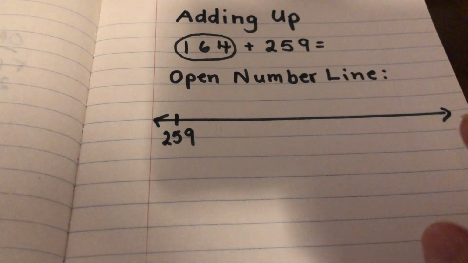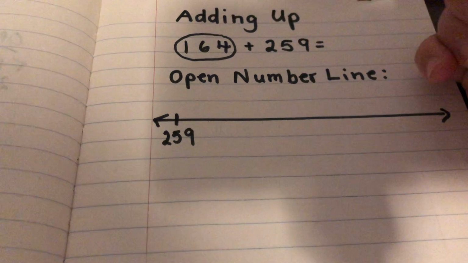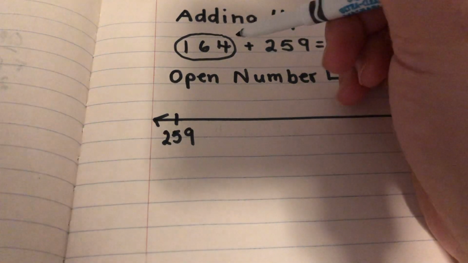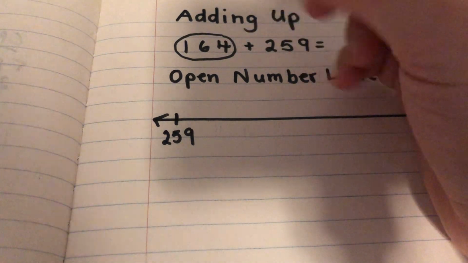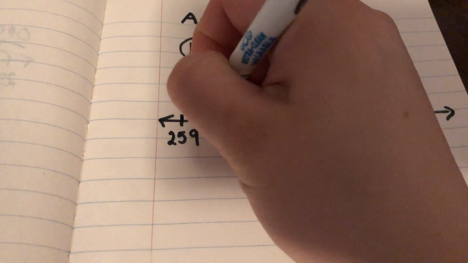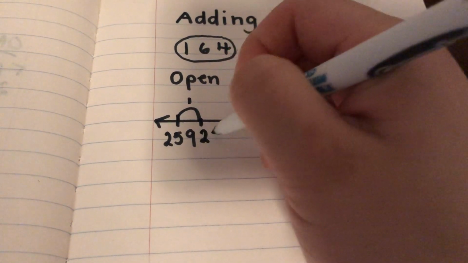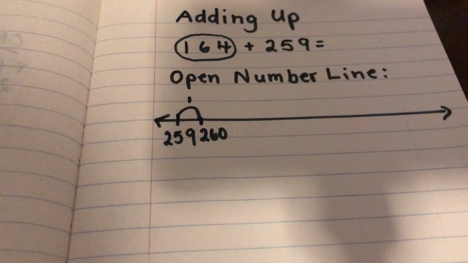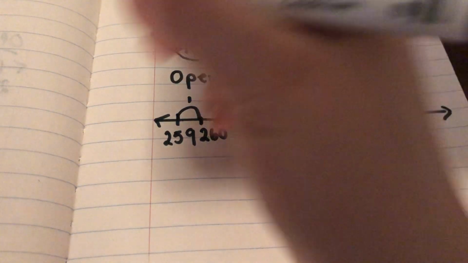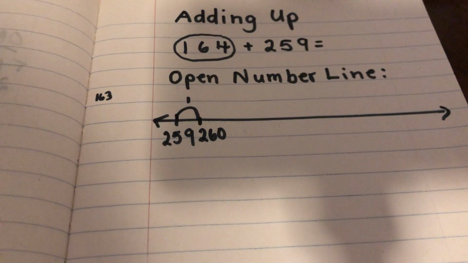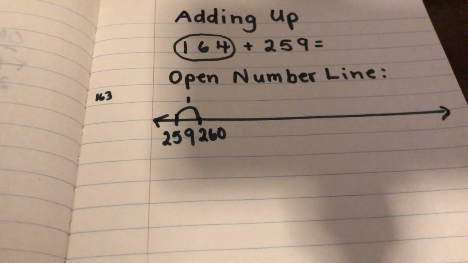I have 259. So I'm going to first take a 1 from 164, and make a small, tiny little jump of 1 to get my number to a friendly number of 260. I have to keep in my mind, I'm going to write it really tiny on the side, that I have 163 left to jump because I made that jump of 1 already.